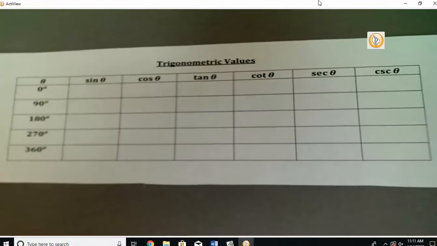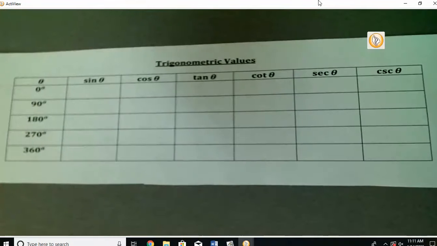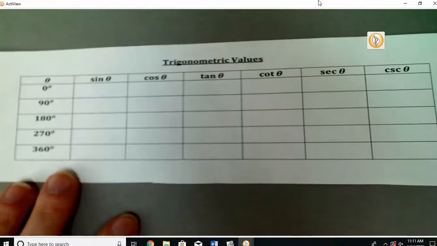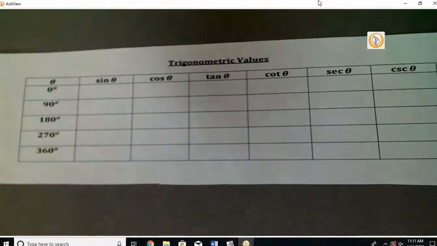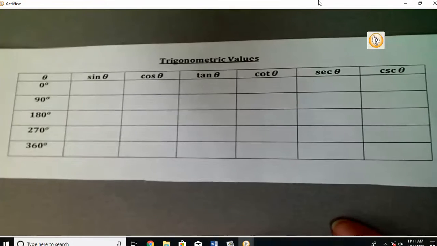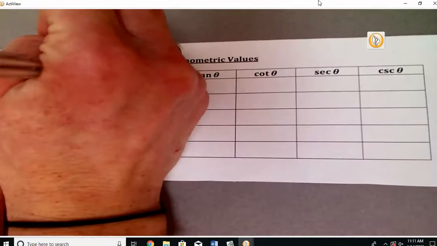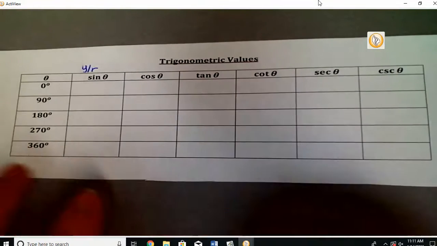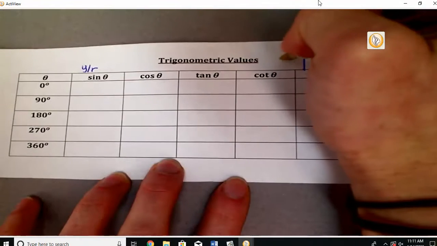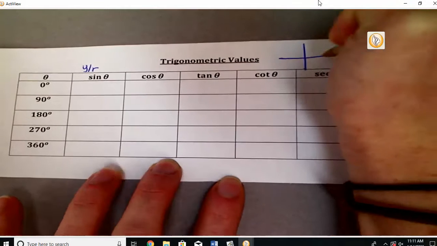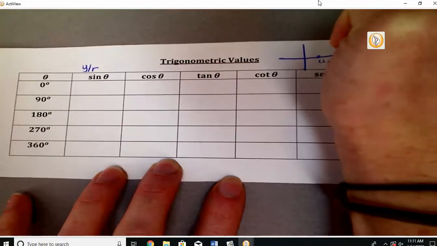Okay. So here's our table. What is the definition of sine? Y over r. Okay, so in that picture we just drew, we had our points.